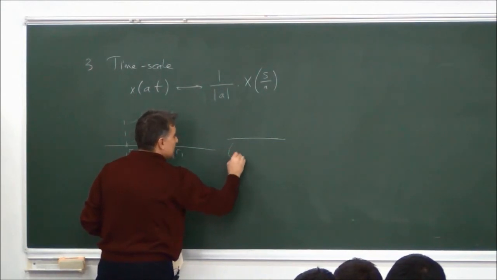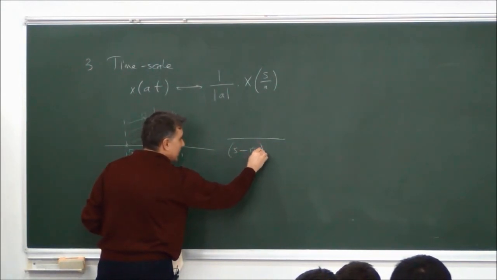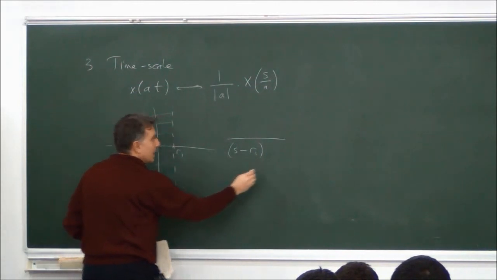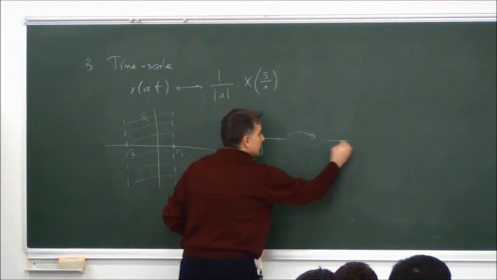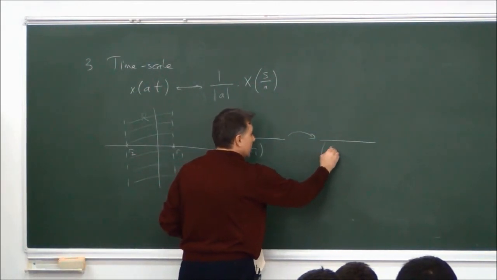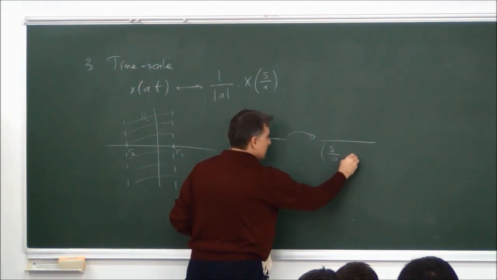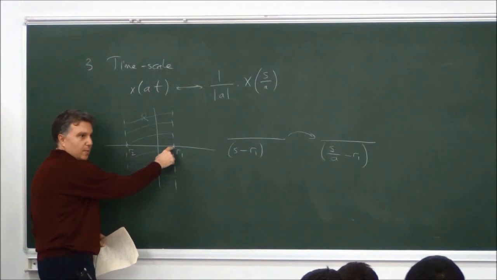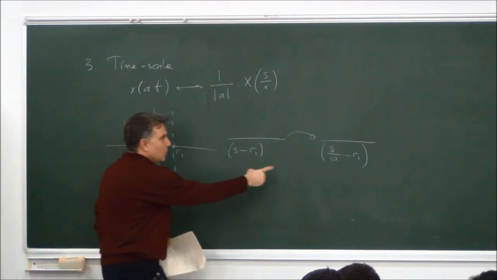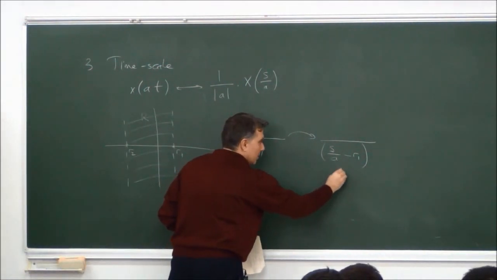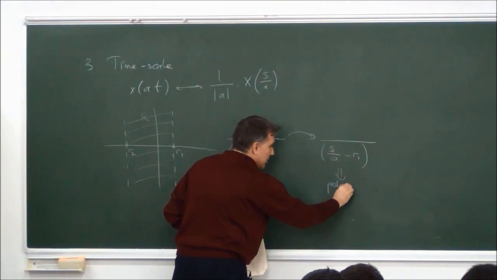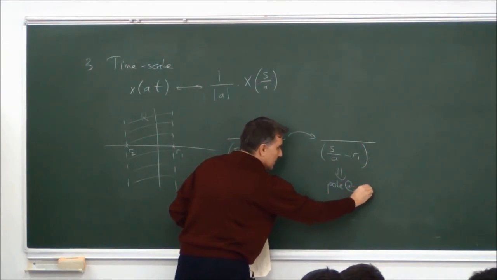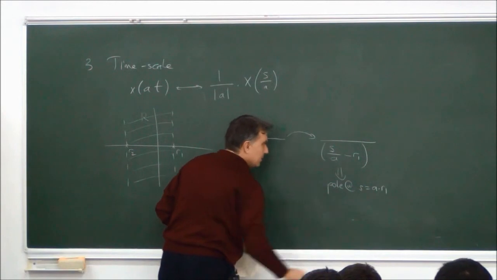Previously in the denominator there was an S minus R1, right? Now it is translated into, in the denominator, S over A minus R1, which would cause this pole. Now where is the new pole then? The new pole is at S is equal to A times R1.